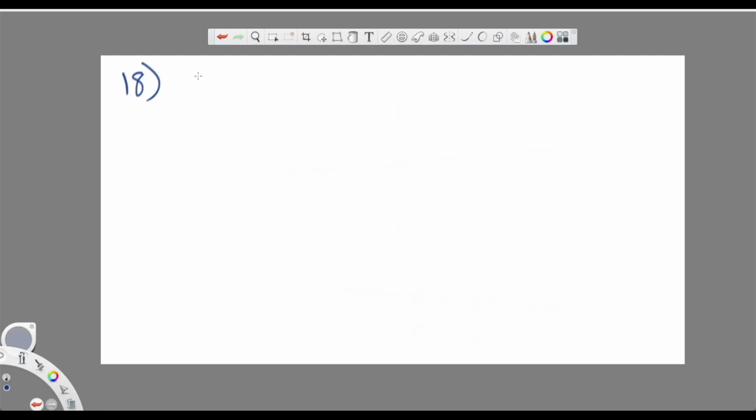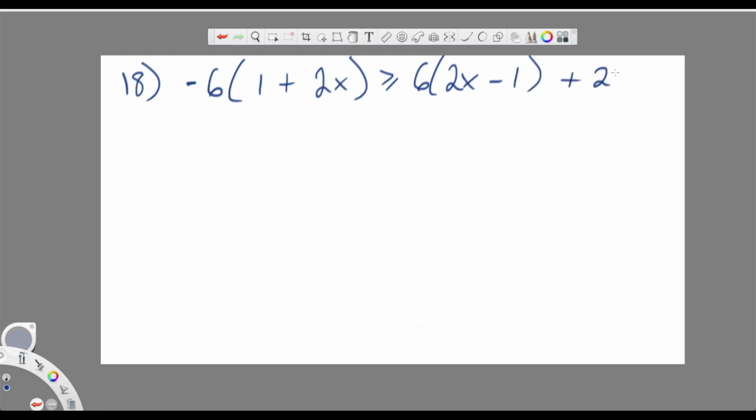So with that out of the way, let's solve problem 18. We have negative 6 times 1 plus 2x is greater than or equal to 6 times 2x minus 1 plus 2x.